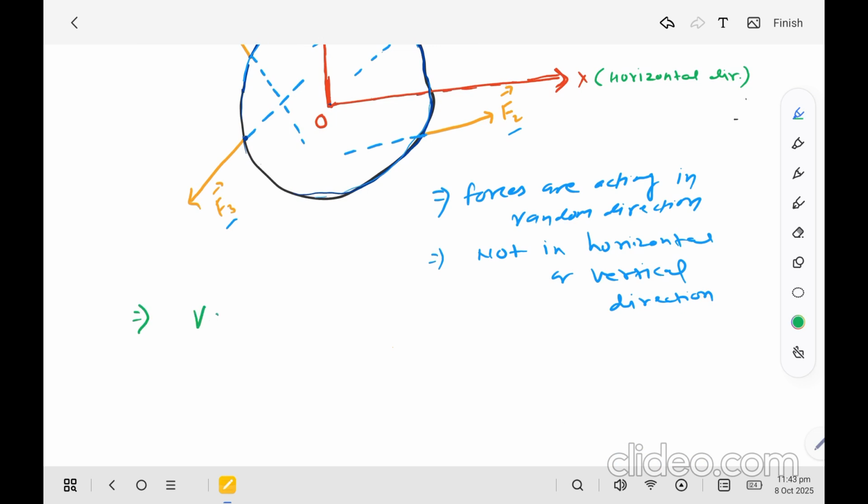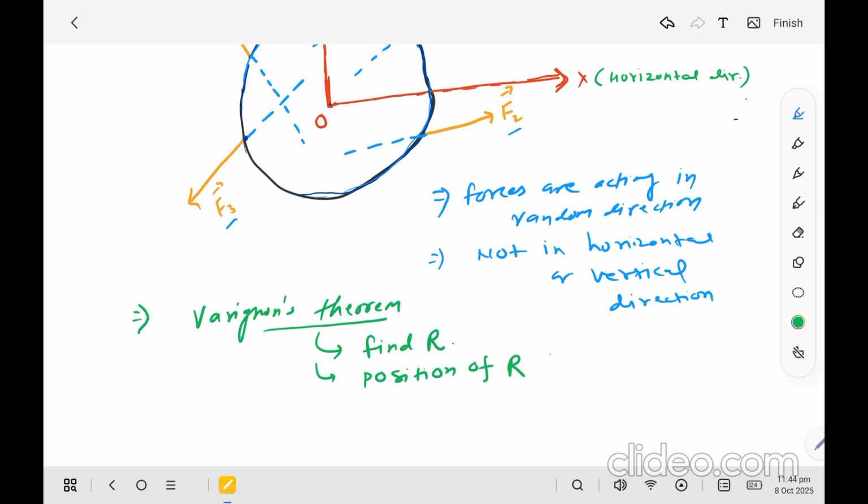Okay, so the Varignon theorem finds R, the resultant, and the position of resultant from a point on the body.